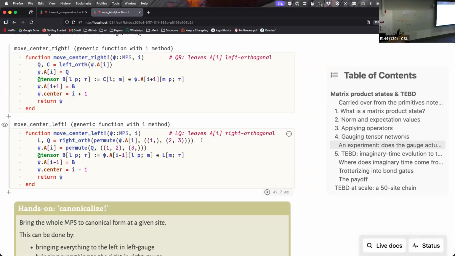Because this is an orthonormal basis, every single one of these basis vectors contributes the same amount, and so the only thing that matters is the weight in front of them, which is the Schmidt value or the singular value.